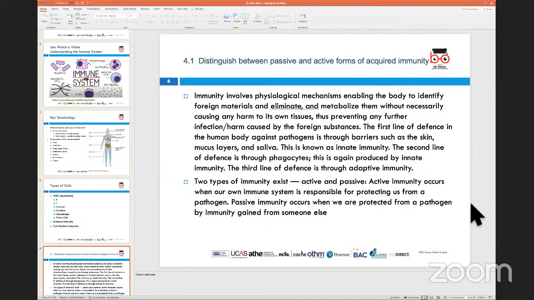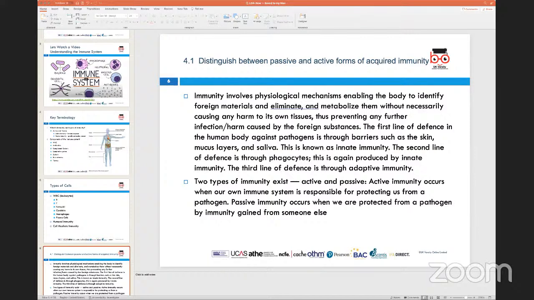And this passive immunity provides immediate but short-lived protection against the specific pathogen when the human body gets infected again. So if I put it this way, it is important for us to understand the difference when we talk about acquired immunity, within which we talk about active and passive immunity.